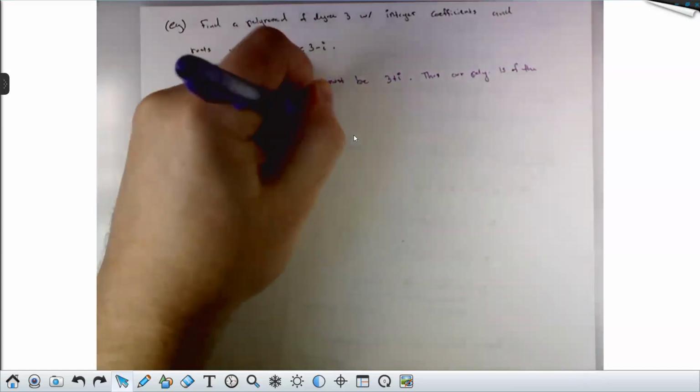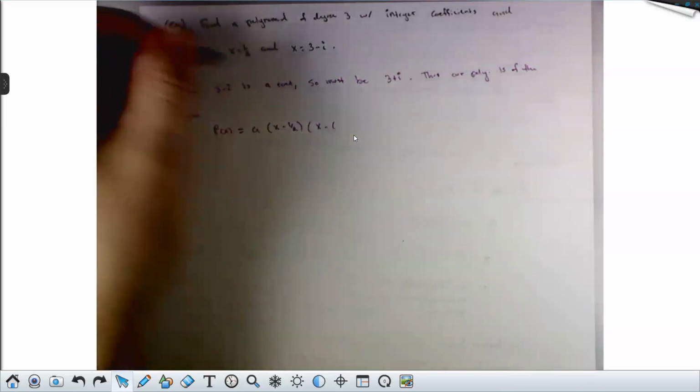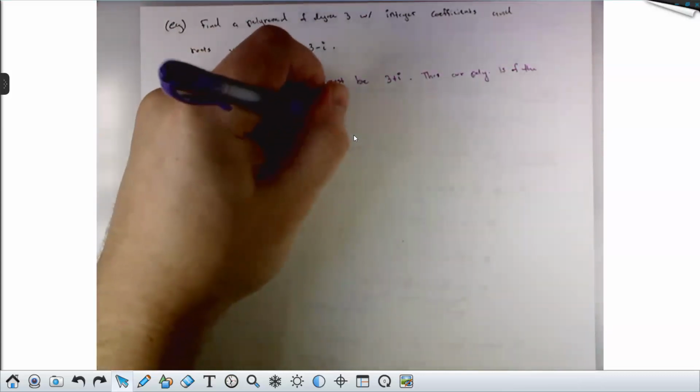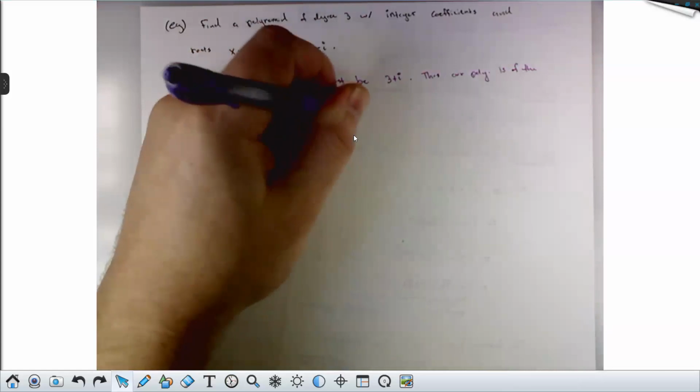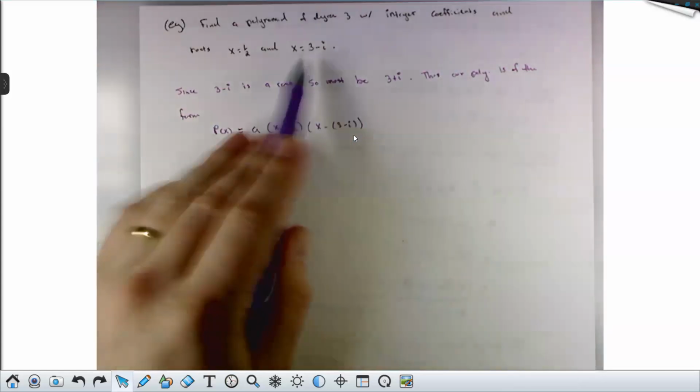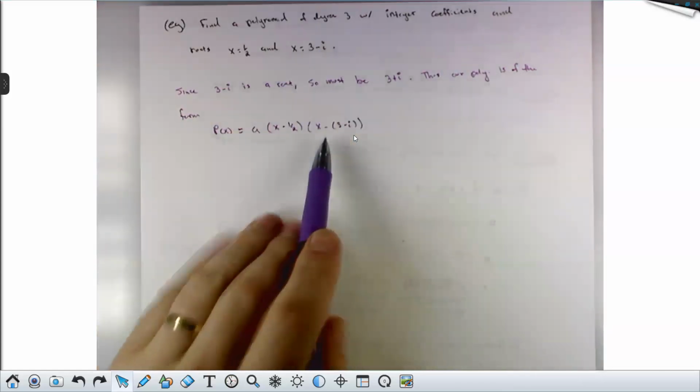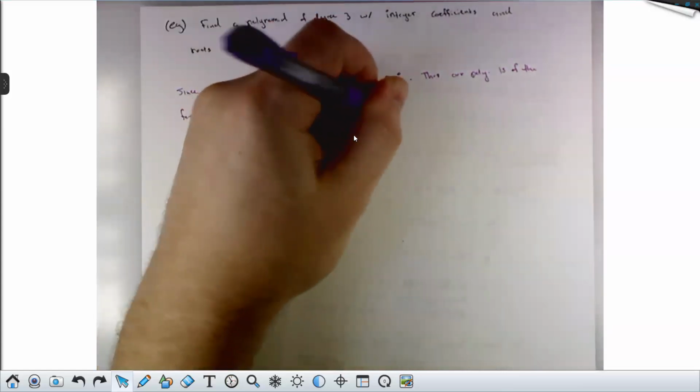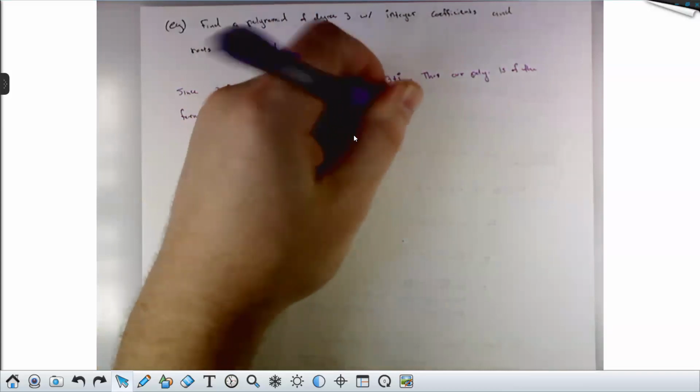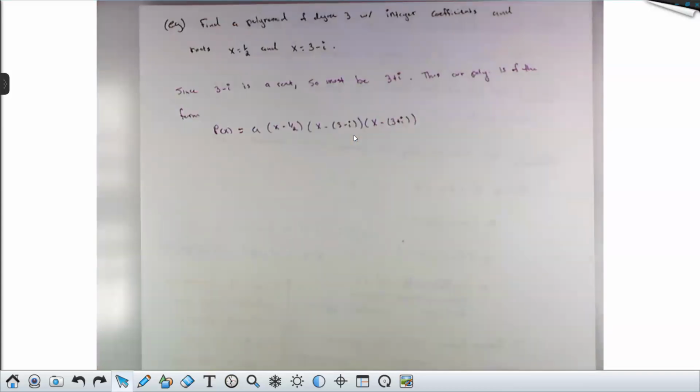This real root gives me that real factor, times x minus, and these inner parentheses are so important, don't forget them, 3 minus i. That's this root telling me this factor, times x minus, again, little inside parentheses are necessary here, 3 plus i.